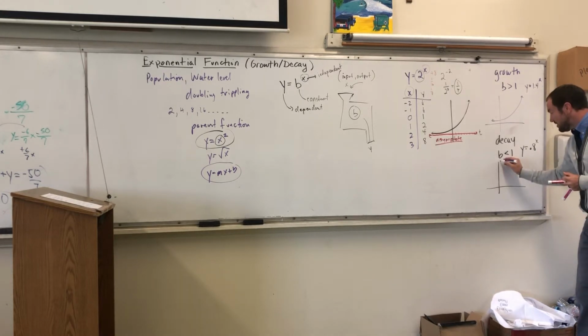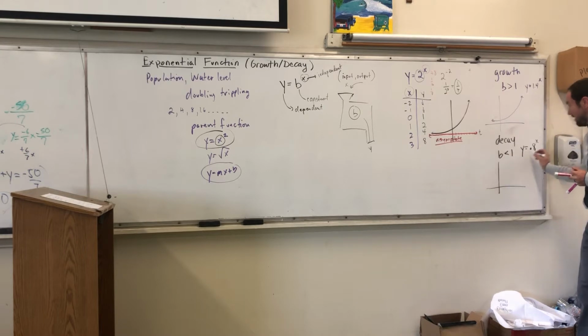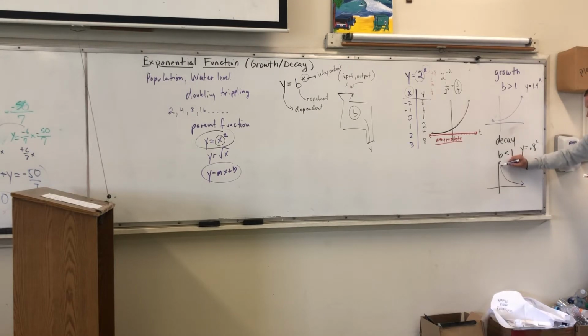I don't know if this is the exact graph, but basically you see it's going to decrease at a decreasing rate. Here it's decreasing kind of fast, like your y value, your output, but then it gets to a point where it levels off. And this is more of a decay situation.